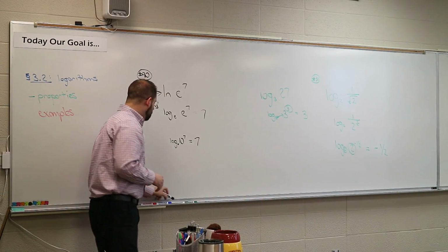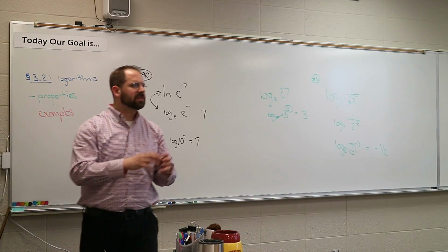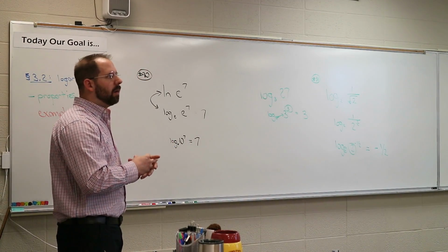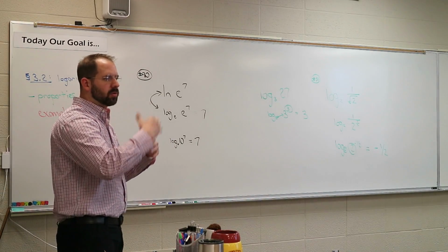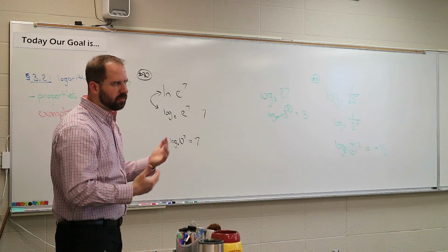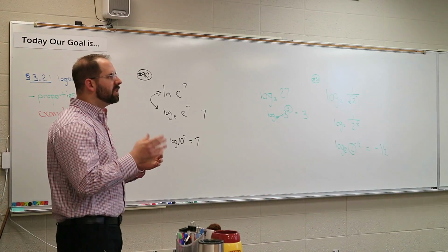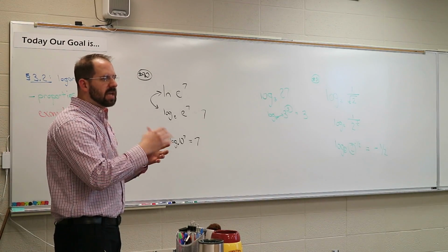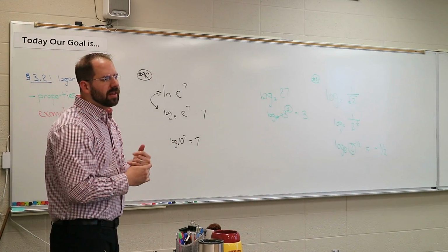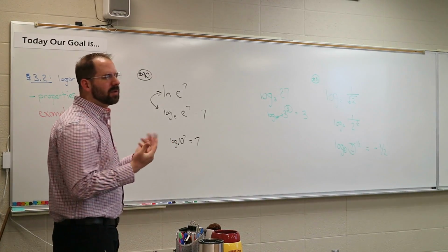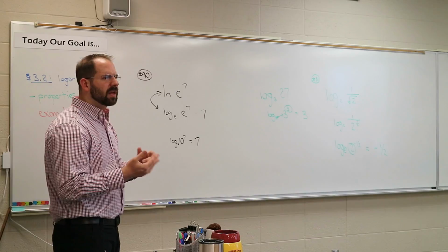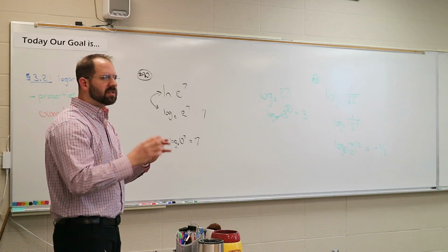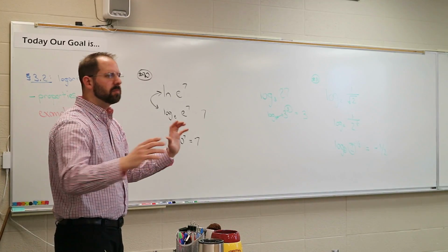Why do you assume it's a 10? It's just one of those things: everything's base 10 log, because this stuff was originally created for scientific notation, when you do powers of 10s. So as a default they use 10 for the base. With 10 to some power, you can move the decimals. Why wouldn't they use 1 or 2, something more normal for us? Well, powers of 10s are probably the easiest numbers to calculate.